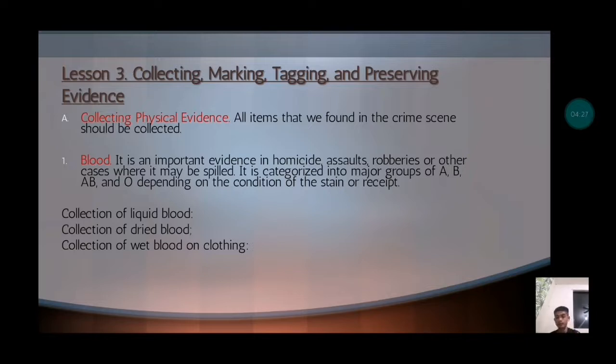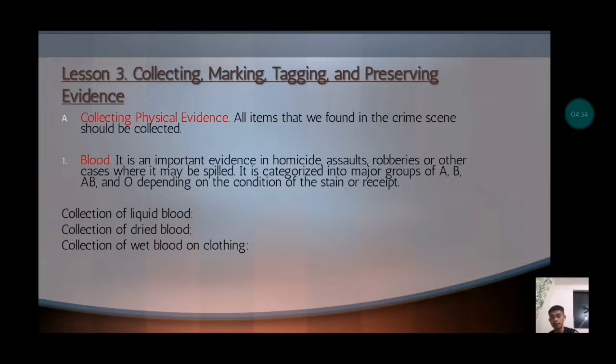So, in collecting of liquid blood, you use a clean, reusable pipette or eyedropper for each sample collected. The second is place the sample in a container, avoiding air space because air will cause the blood to dry.